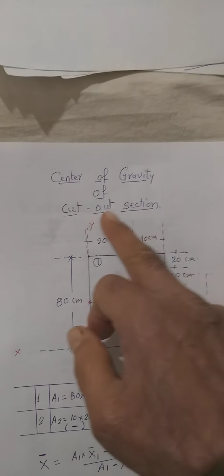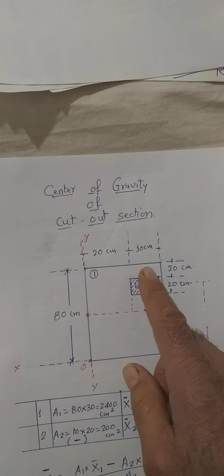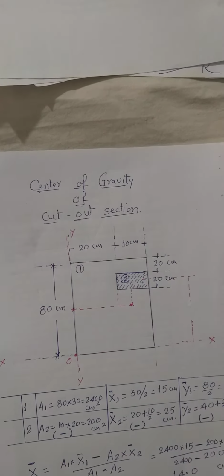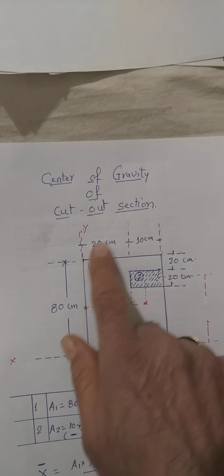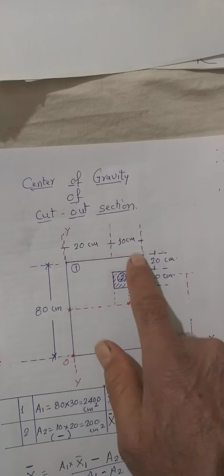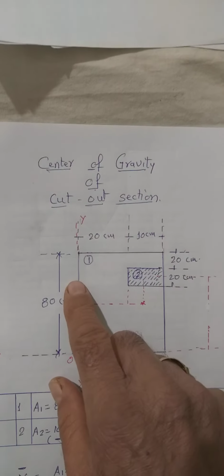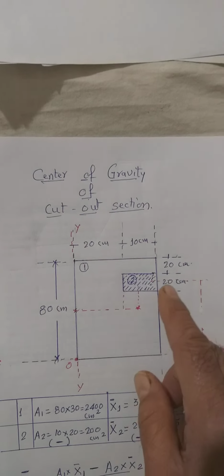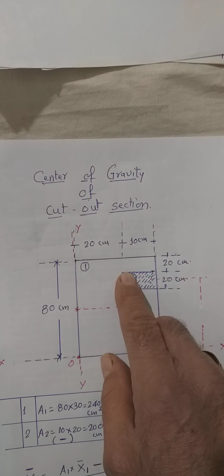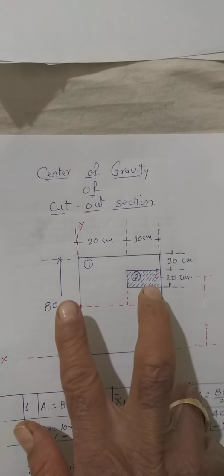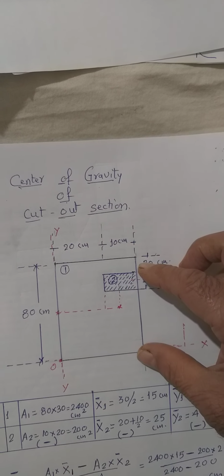First of all, consider the single section as figure number 1 and the cutout section as figure number 2 as usual. Find out the value of A1, the total area, x bar 1, y bar 1. Then find out this area as A2, x bar 2 and y bar 2.